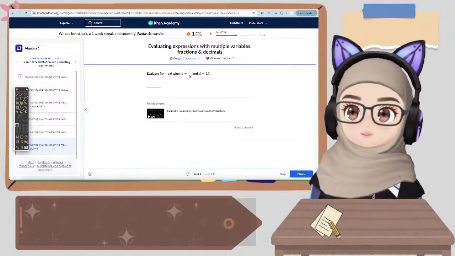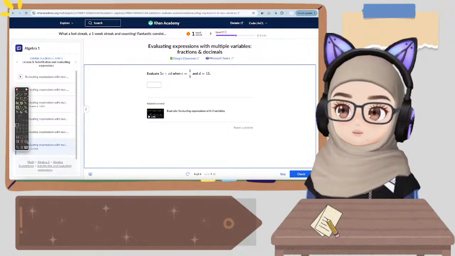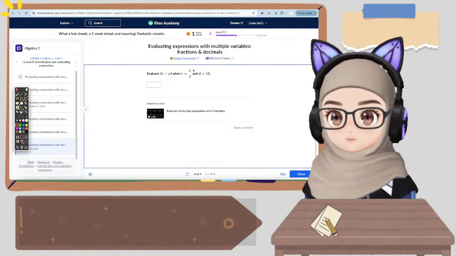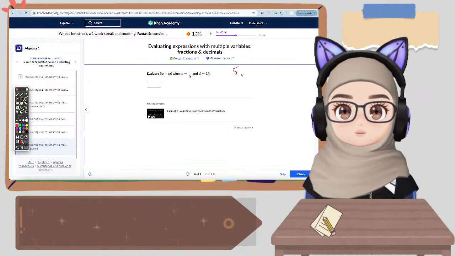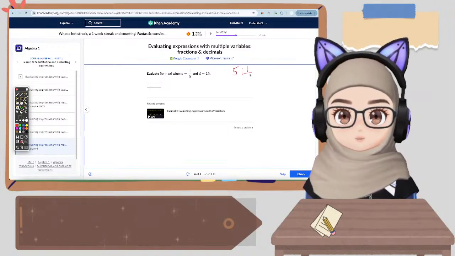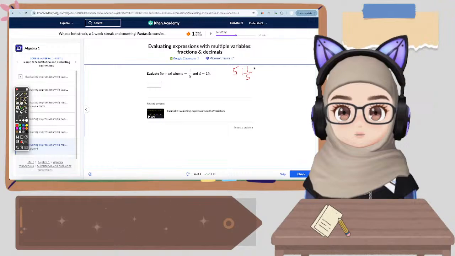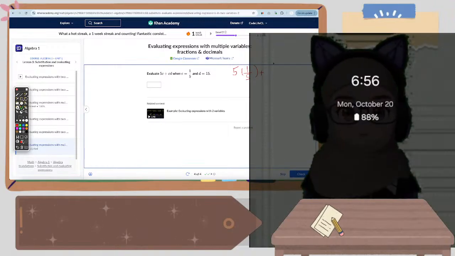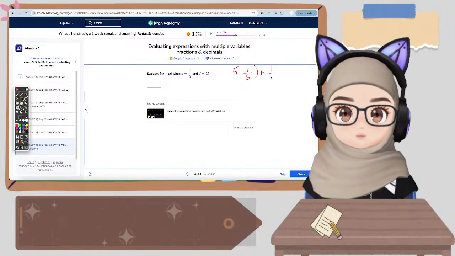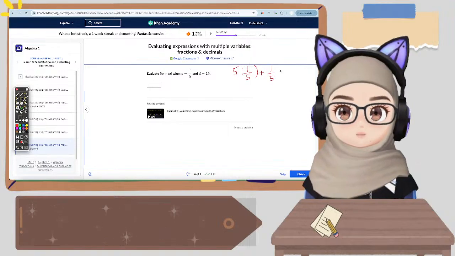Oh, okay, last one. If I don't do this, I won't be proficient. Who cares? Okay. 5C. C is 1/5. Plus C again, and then a D, which is 15/5, and then a 15.